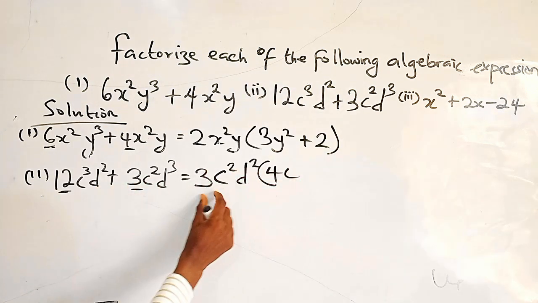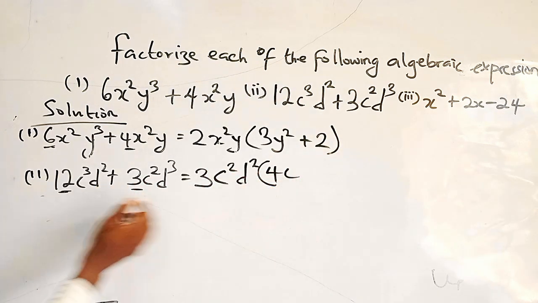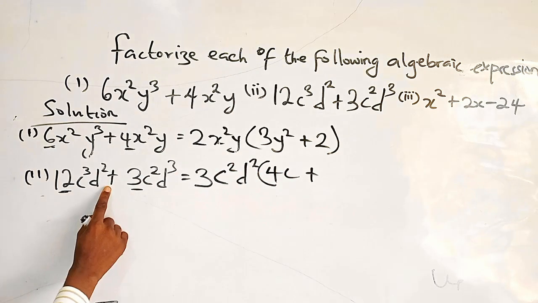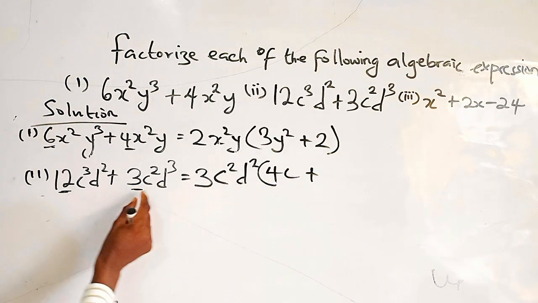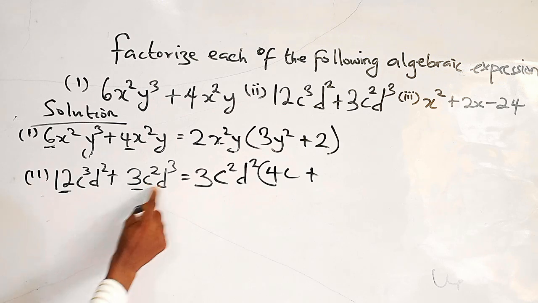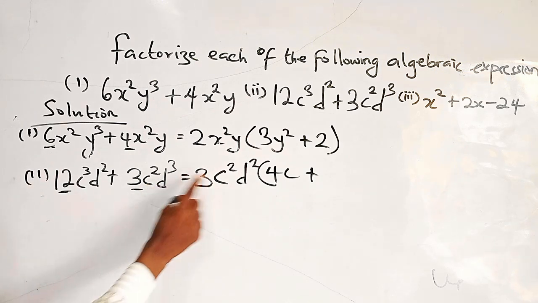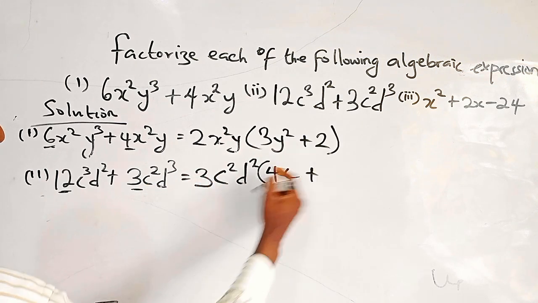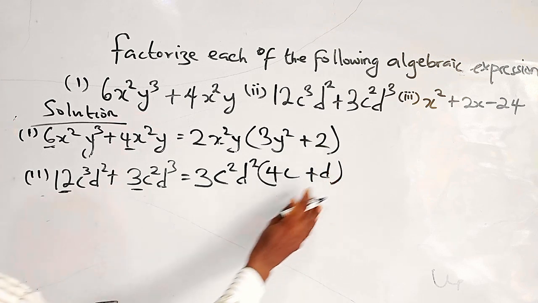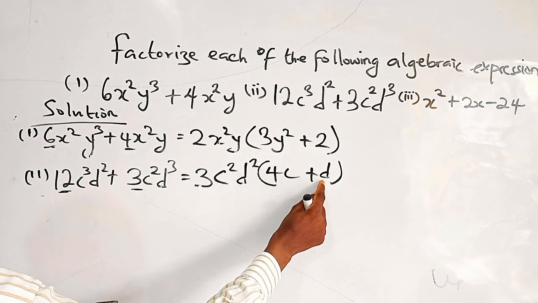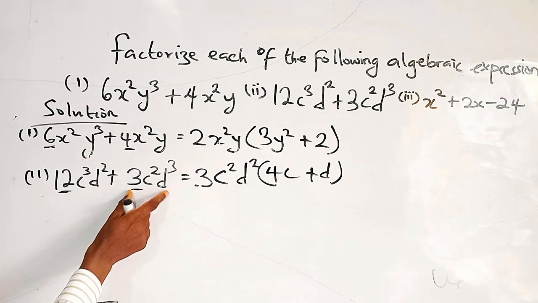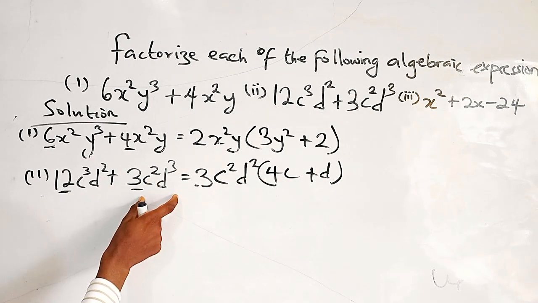Plus the second term: 3 times 1 is 3, c squared, and from d cubed I need just d. So I have 3c squared d squared times d.